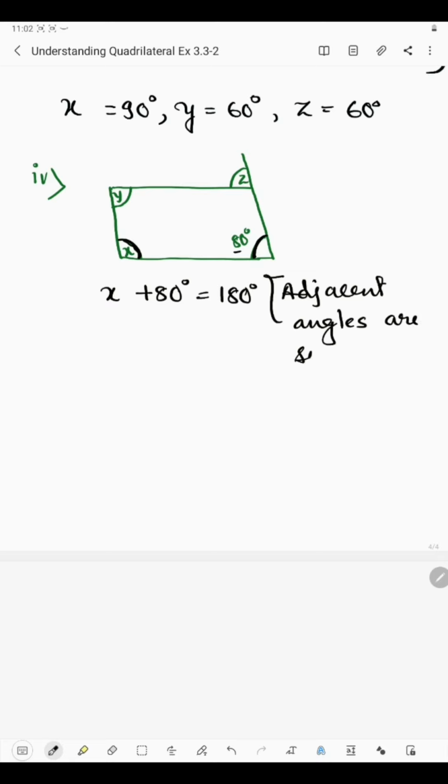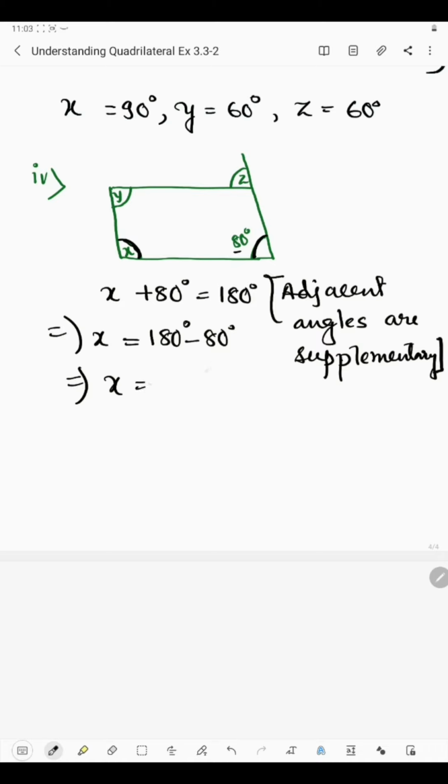Okay. Now what will be the value of x? 80 will be transposed to the right-hand side, so it will be minus 80. So 180 minus 80 is 100. Because 0 minus 0 is 0, 8 minus 8 is zero, and it's 1. So it's 100 degree.